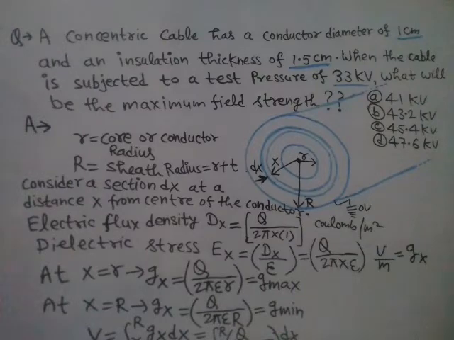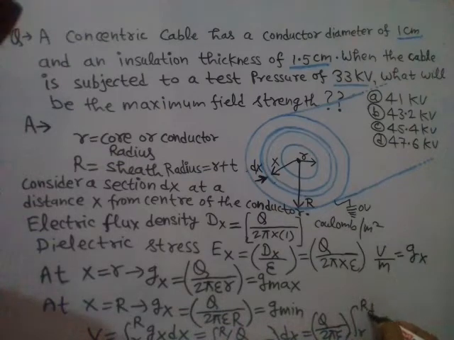So I can write q by 2 pi epsilon, and integral from small r to capital R of dx by x.